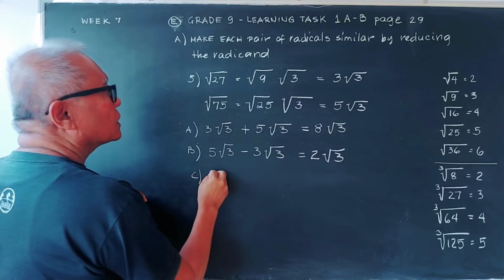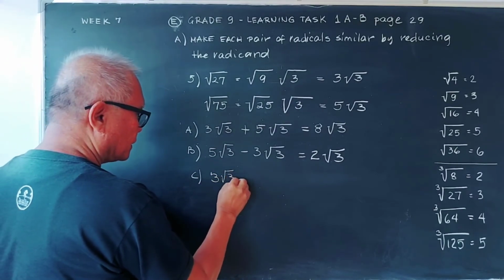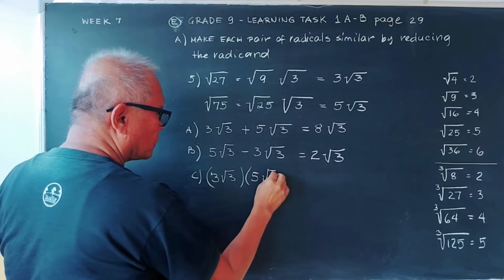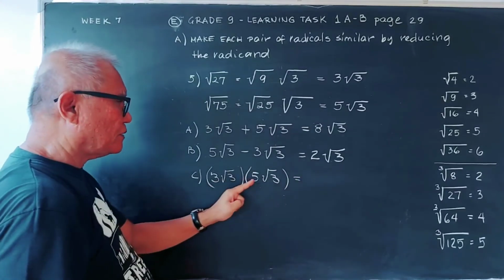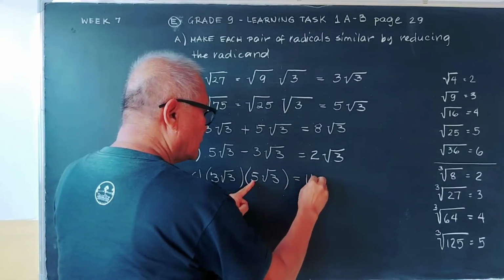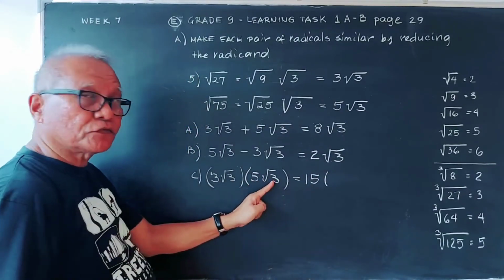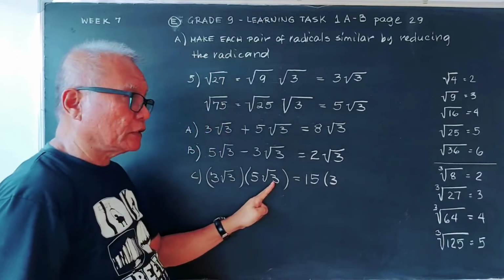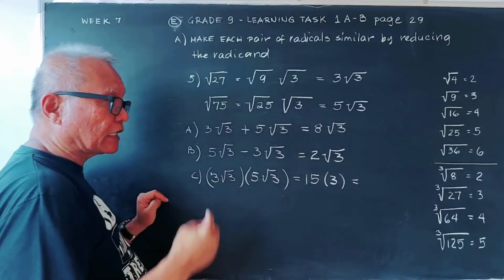Letter C, times natin. 3 square root of 3 times 5 square root of 3 is equal to 3 times 5 is 15 times square root of 3 times square root of 3 is 3 because that is square root of 9, 3. And then, ita-times na natin, walang radicals.